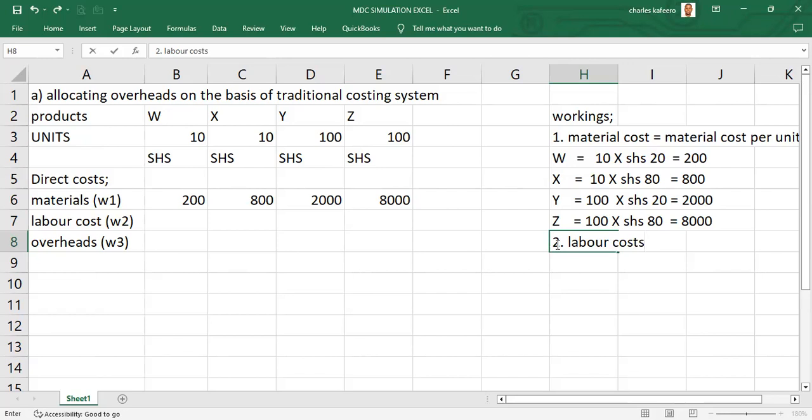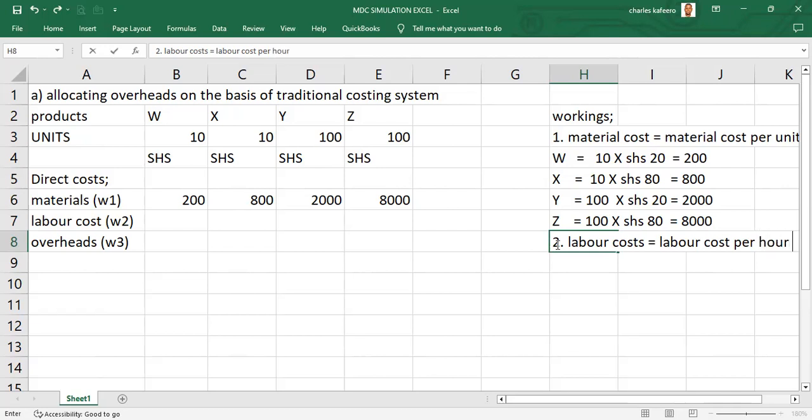And our labor cost is also going to be the labor cost per hour.